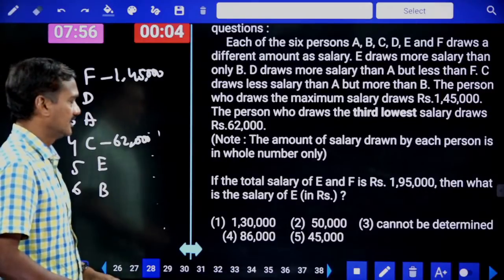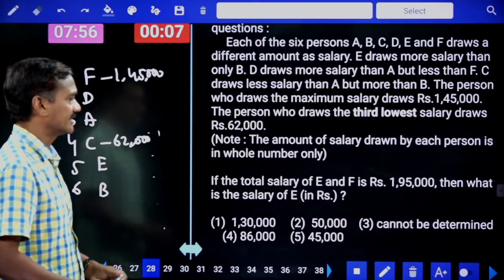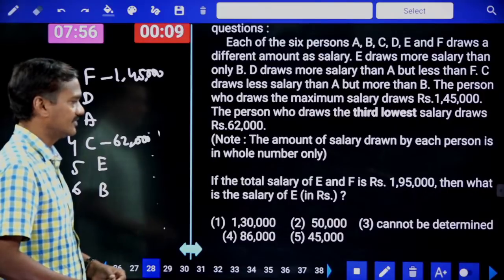If the total salary of E and F is 1,95,000, then what is the salary of E?